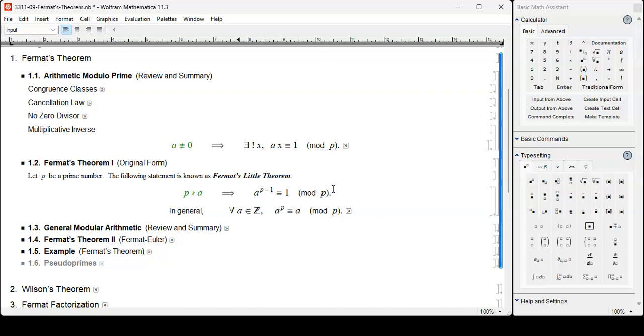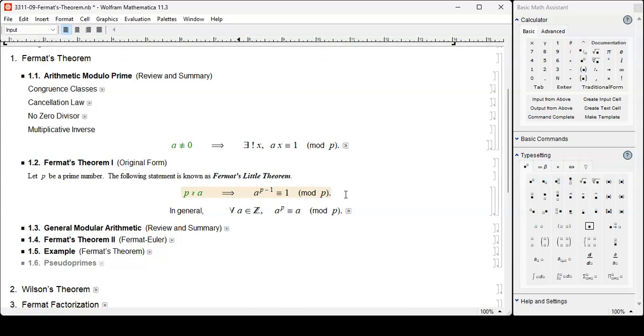Fermat's theorem. If p does not divide a, then a to the p minus 1 power is congruent to 1 modulo p. And here, as I highlighted in green, p not dividing a is the same thing as a is non-zero modulo p. Therefore, we get the second line.